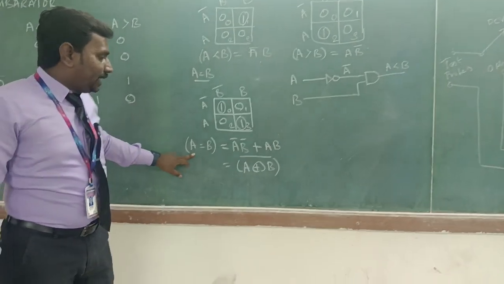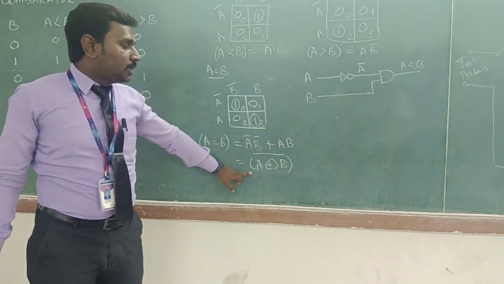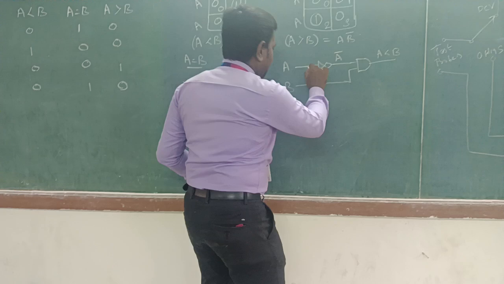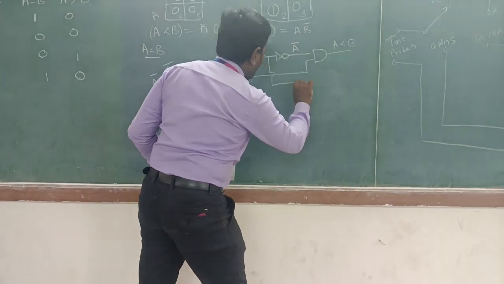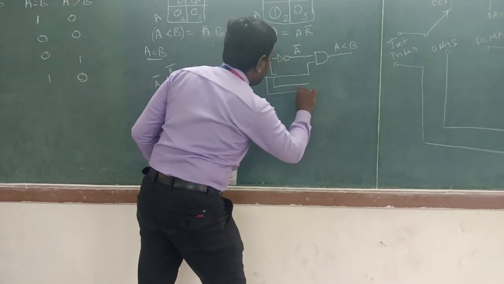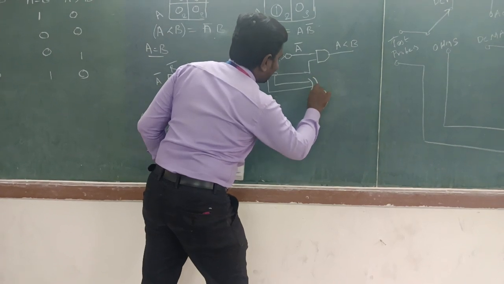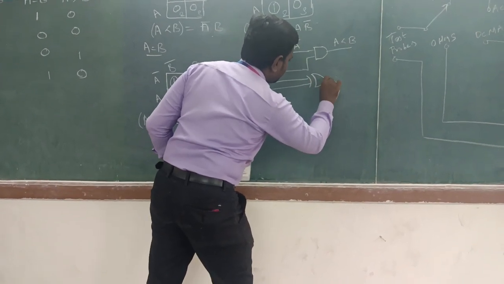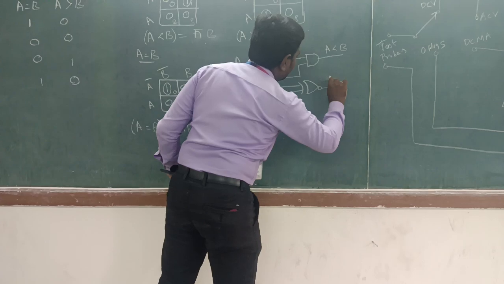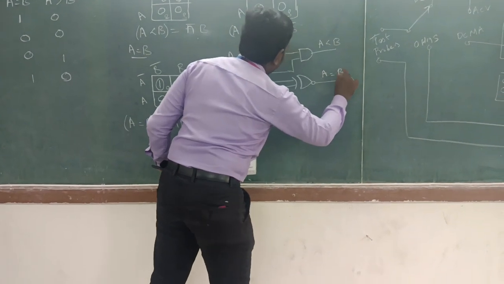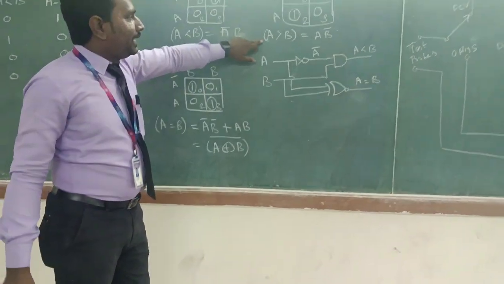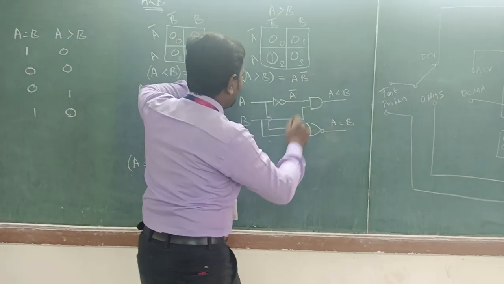And next, A equal to B is A XNOR B. So I am taking A from here and B from here, and I am putting an XNOR gate. So this is A equal to B. Next, A greater than B is A into B bar.